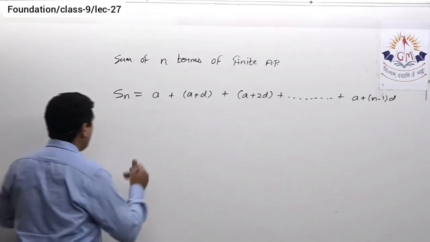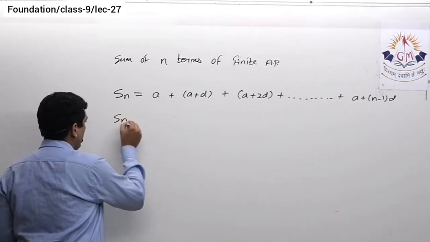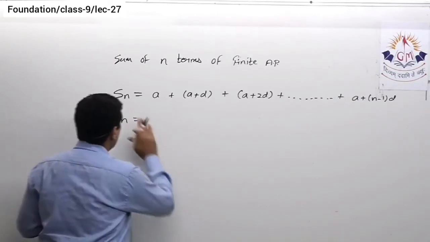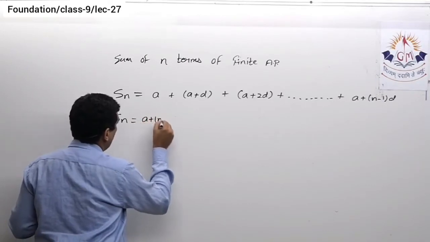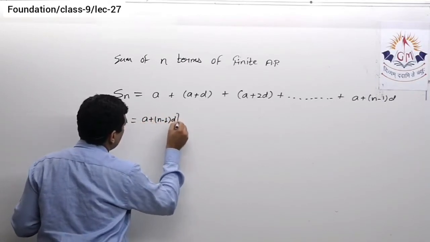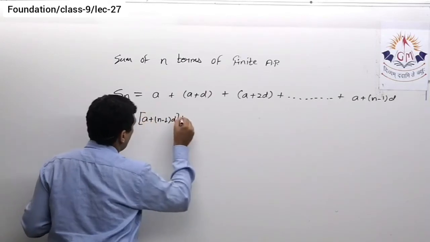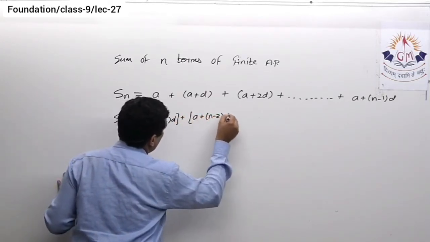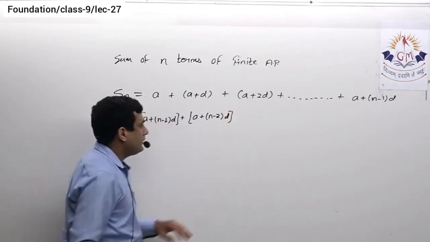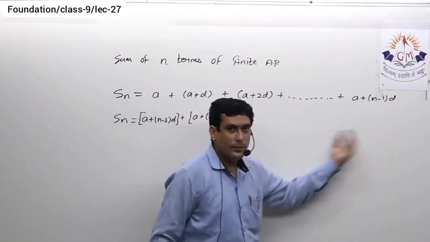Now if I rewrite the same terms in the reverse order, here I can write Sn equal to A plus n minus 1 into D, plus A plus n minus 2 into D. What I did, I just wrote all the terms but in reverse direction.